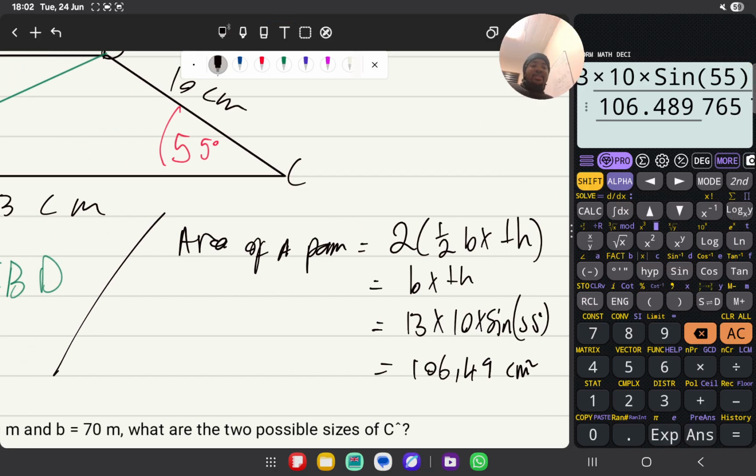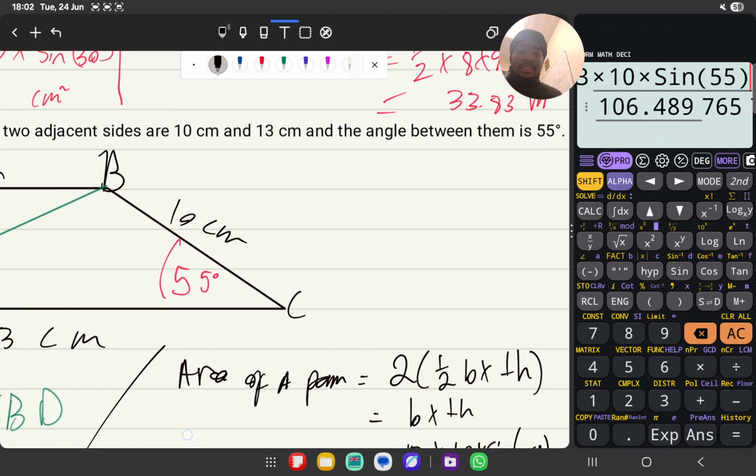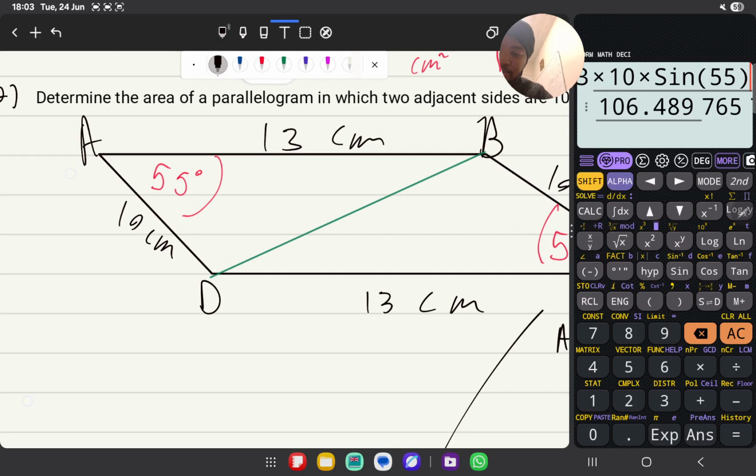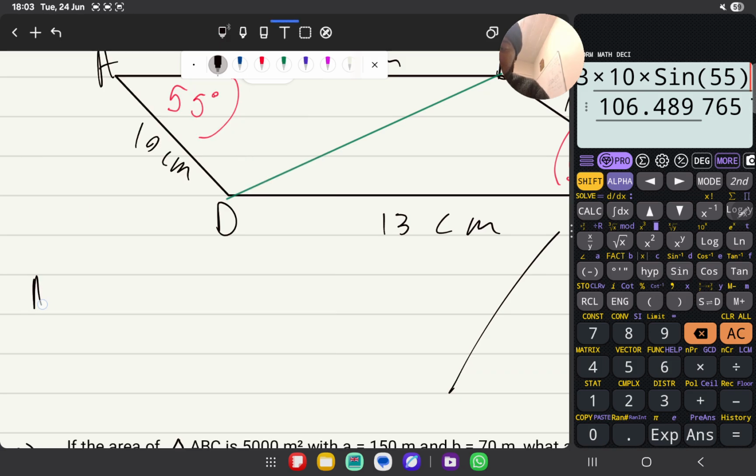You are done, right? Just in case some of you might be confused, I will take it step by step. Say for example, you calculate the area of triangle CBD.